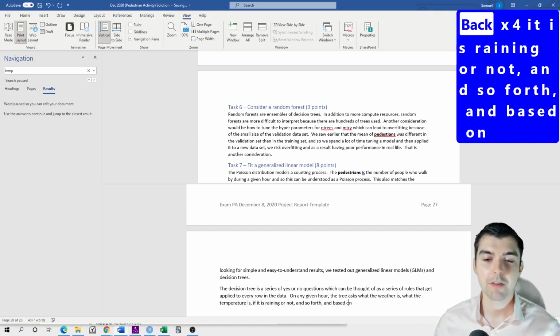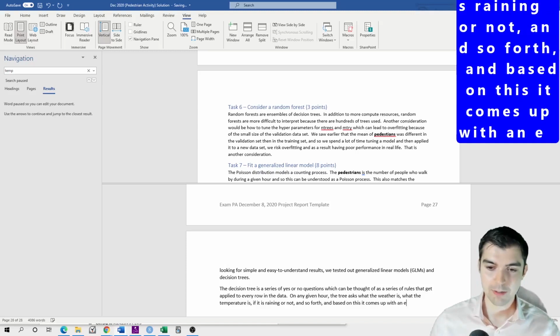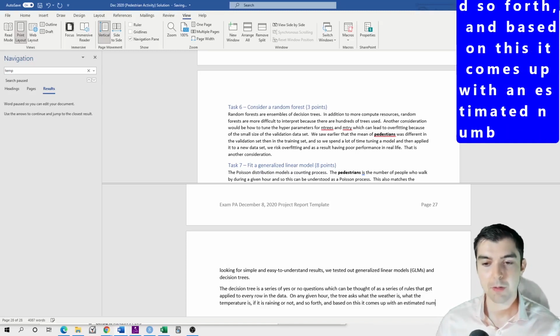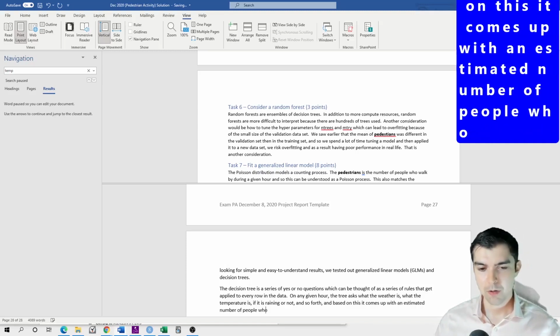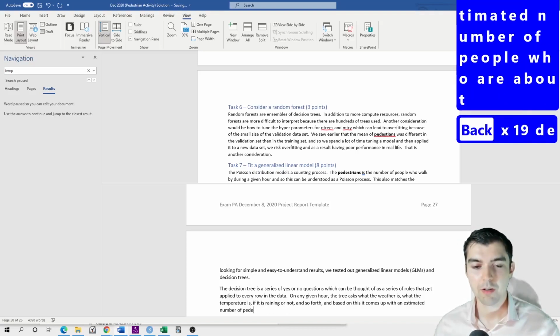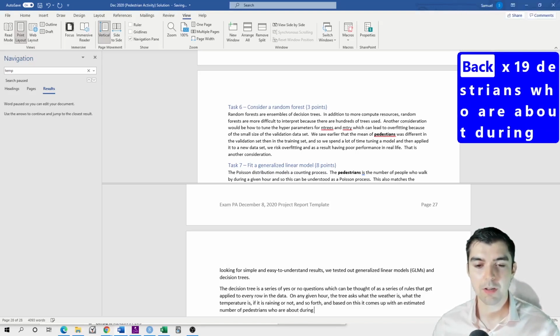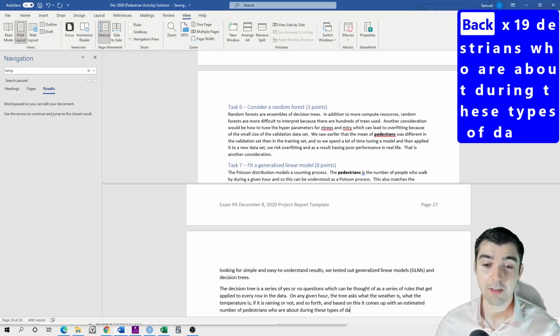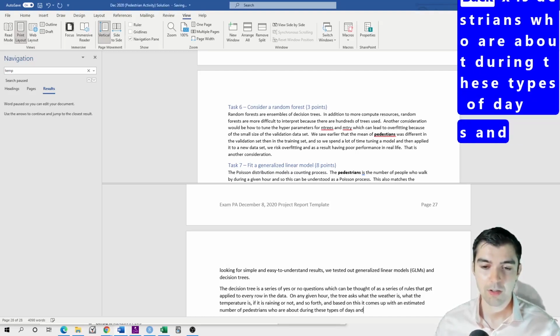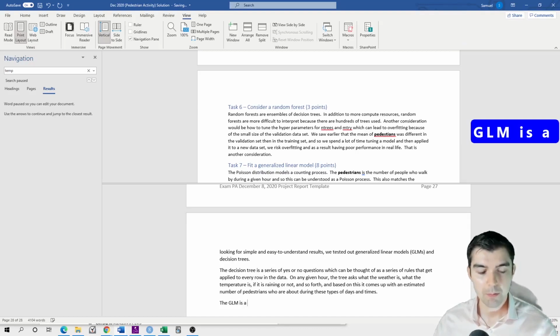Based on this, it comes up with an estimated number of pedestrians who are about during these types of days and times.